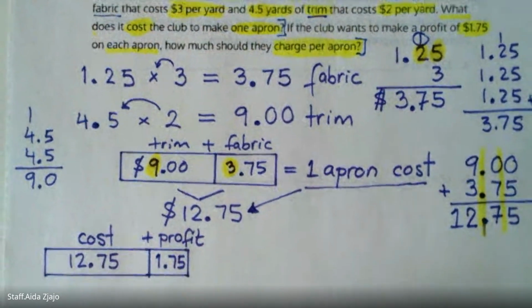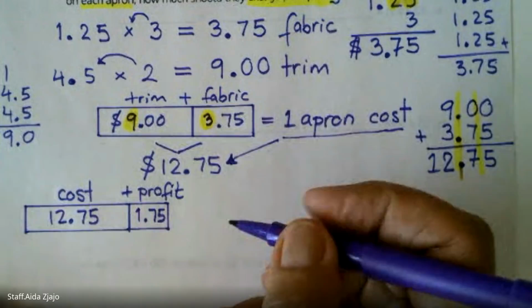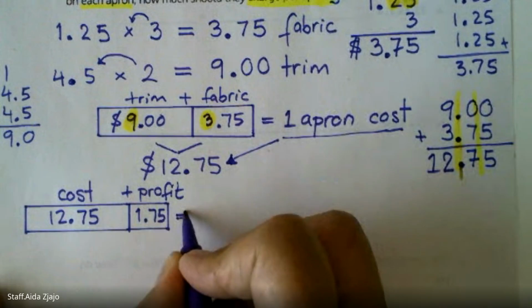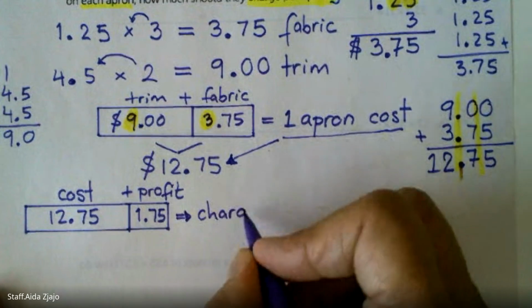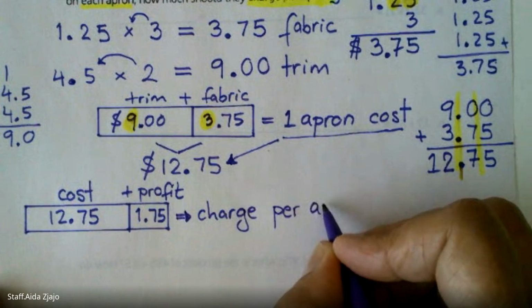So this together is going to give you the total charge per apron.